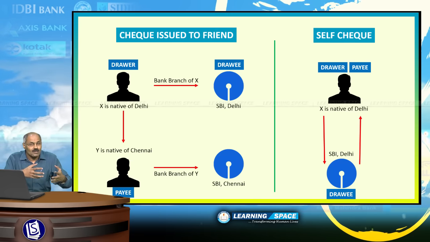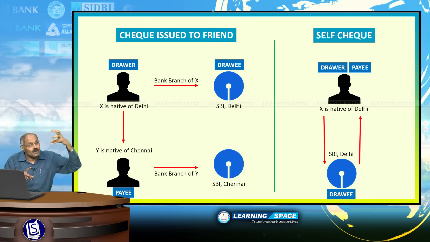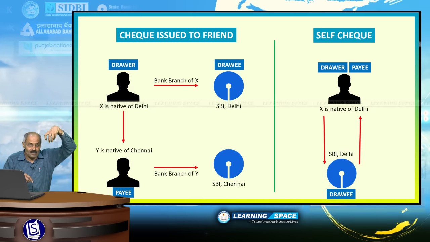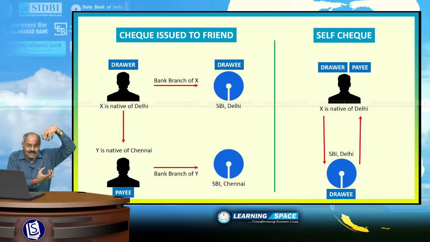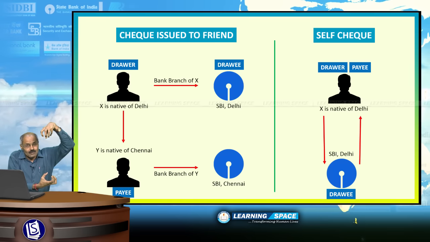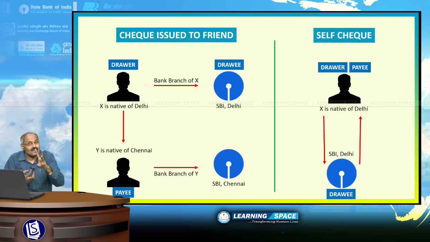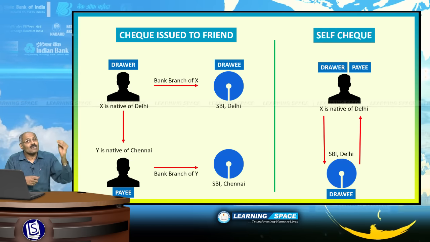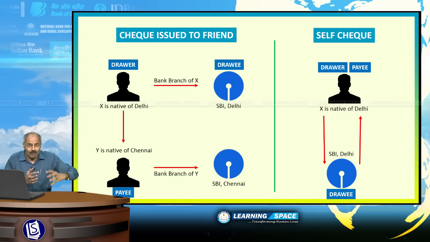And do not confuse, the branch of SBI at Chennai is not a drawee branch. The drawee branch is the branch of the drawer. The drawer of the check is X, X is giving 1 lakh rupees to Y, his branch is a drawee branch and the payee is Y, his friend in Chennai. So, three parties are involved when the check is issued to his friend: drawer, drawee and payee.